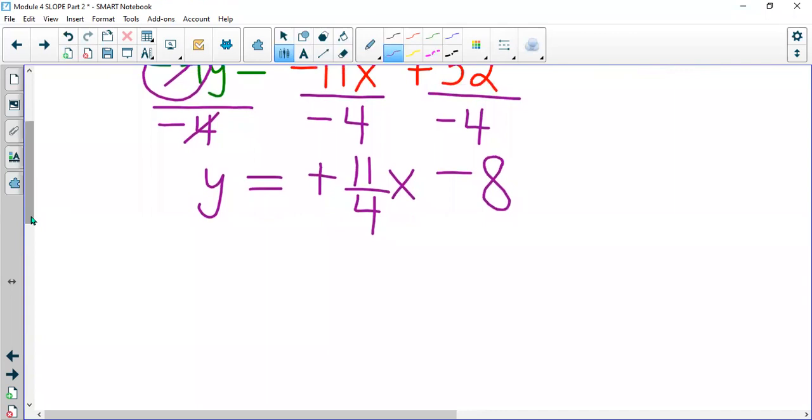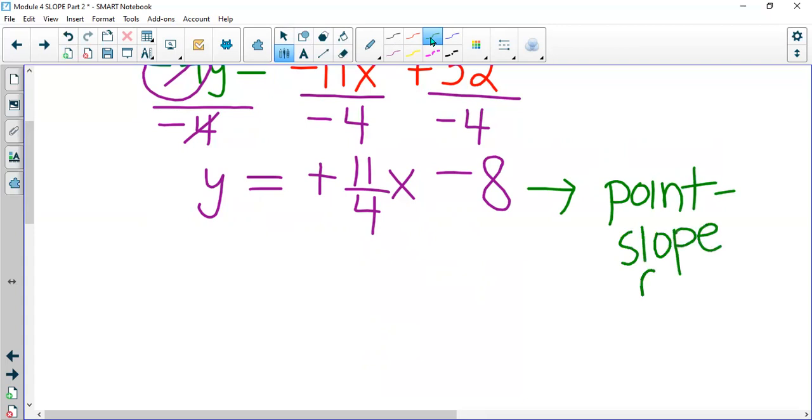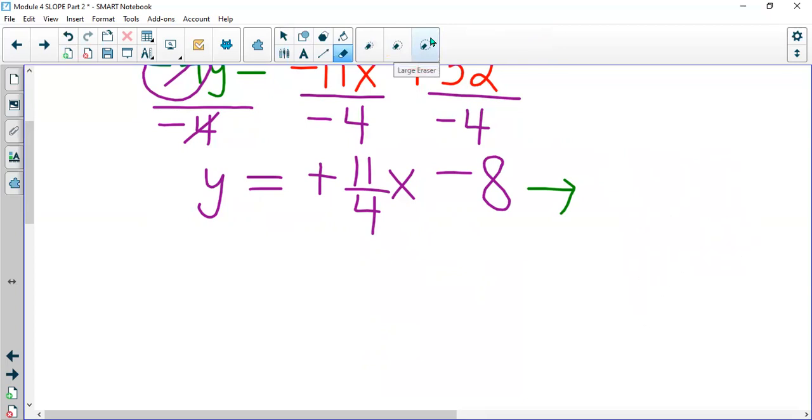Now, I need everyone to write: the equation is now in slope intercept form. Oh, sorry, not point slope form, I'm getting ahead of myself. Into slope intercept form.